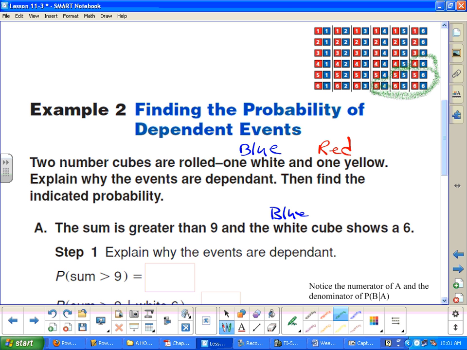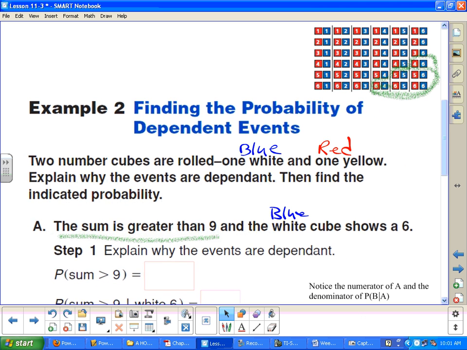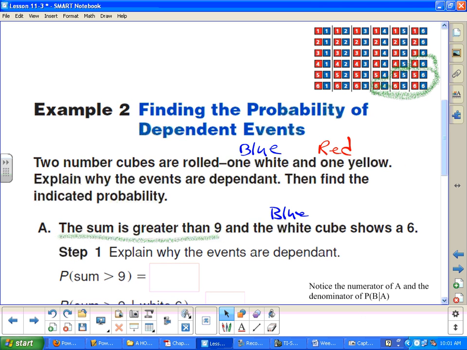First of all, we're focusing just on this part here, sum is greater than 9, and that happens on 6 out of 36. So that probability is 1/6.